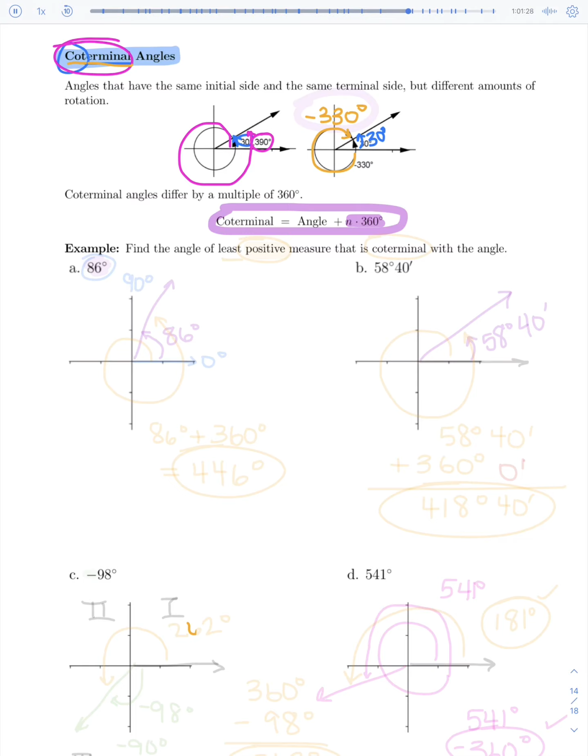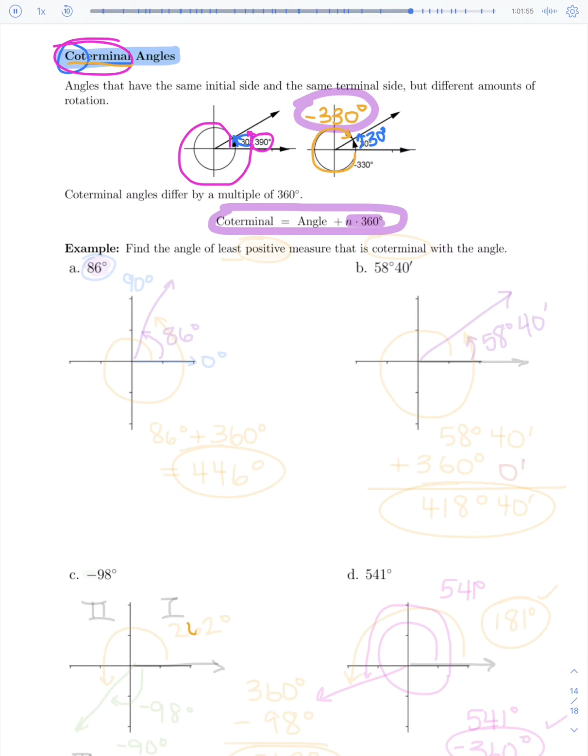Or I can actually take away a 360 and go in reverse, which is what we did with this angle up here. I can take away a 360 once, twice, 3 times, and go in reverse and make a similar angle just going around the circle clockwise instead of counterclockwise. And you'll still get an angle that stops at the same point.